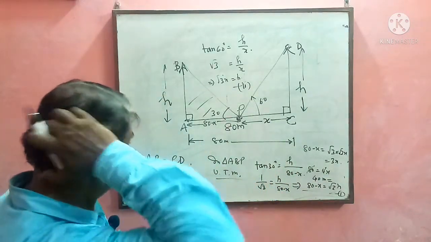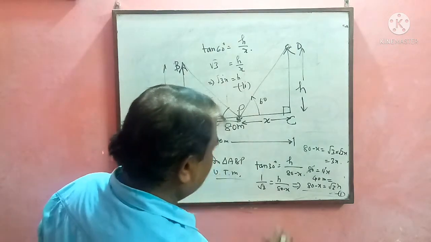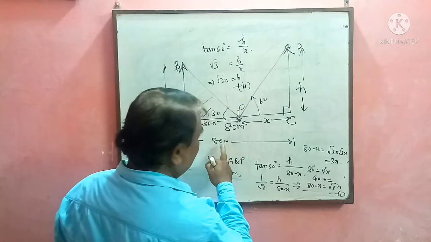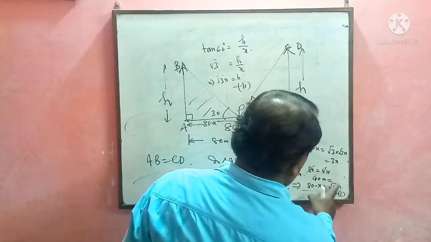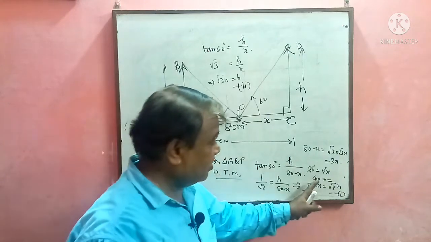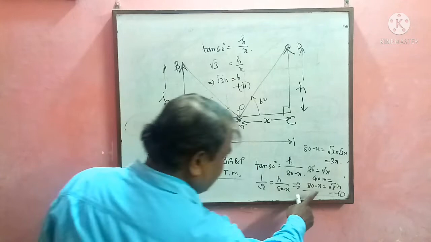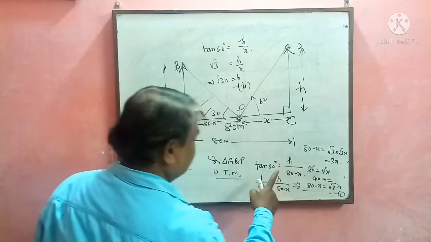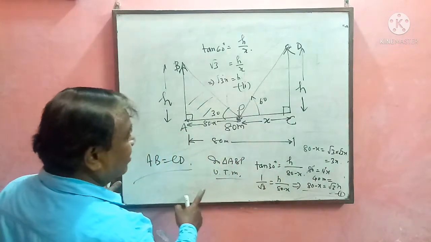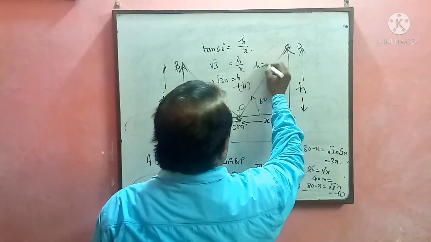Okay? Now x is clear. This is your 80 minus x and this is your this one. So x is 40, that means it is at the middle of this one. Now I will put this x 40 here. So h is equal to 40 root 3.